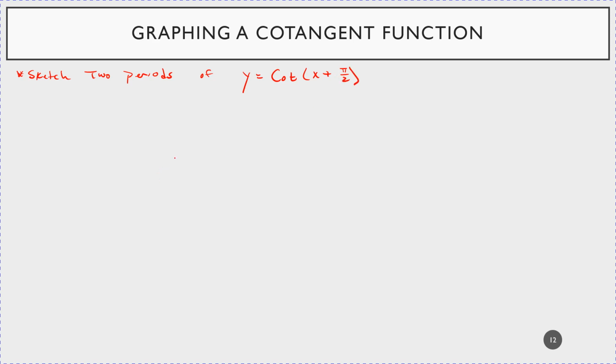Okay. So again, what's the key? The key here is to find those 2 asymptotes. So you're going to take whatever is inside here and put it between 0 and pi.